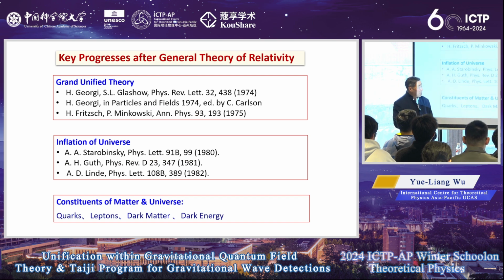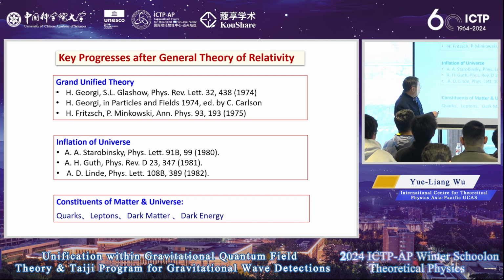And then next they come to the grand unified theories to unify the three basic forces, electromagnetic, weak and strong interactions, like Georgi, Glashow and Fritzsch, Minkowski and so on. The SU(5), SU(10), yeah, for now the minimal unification.